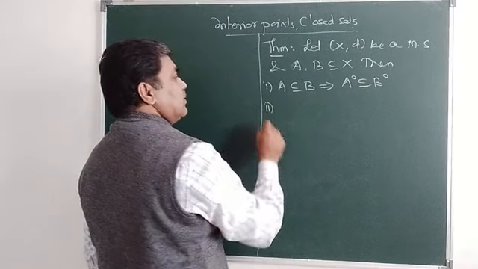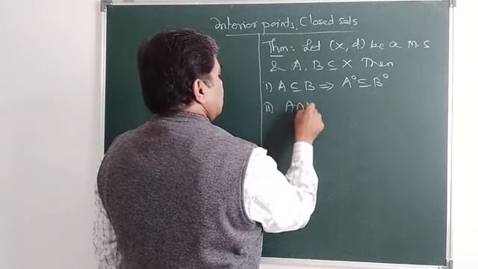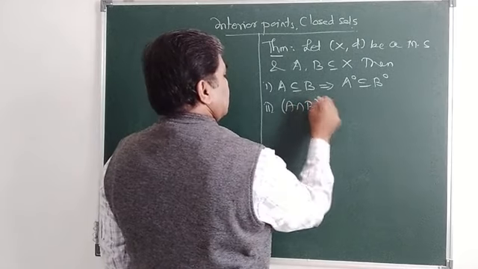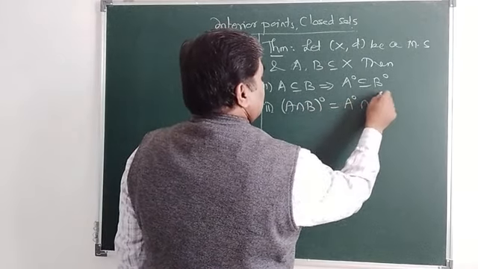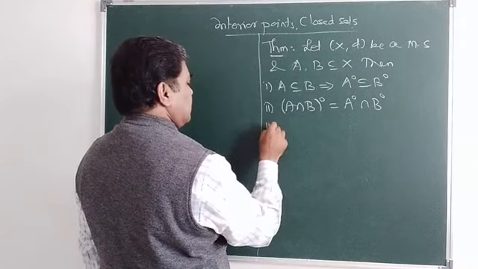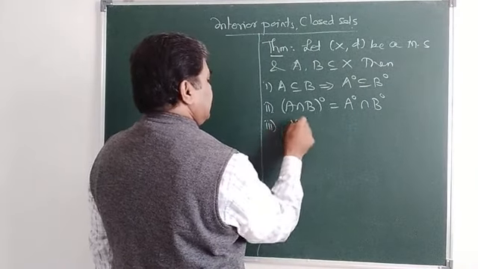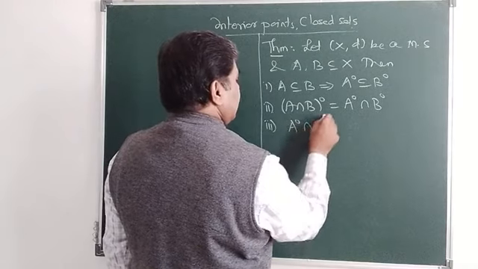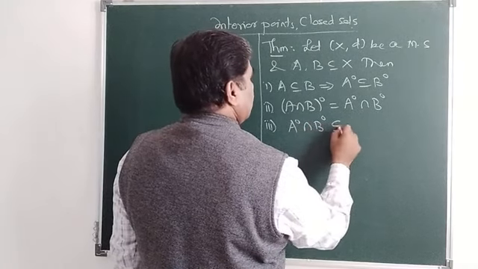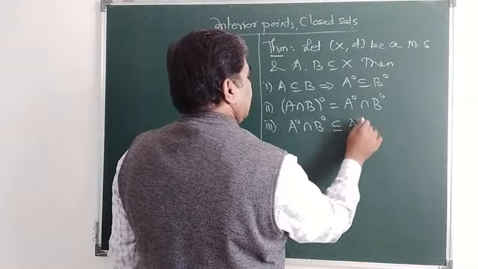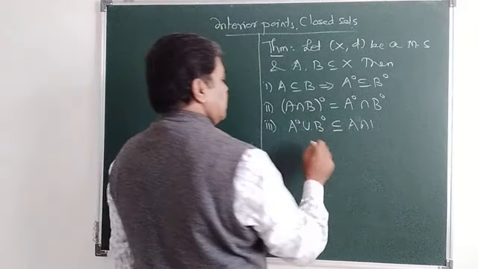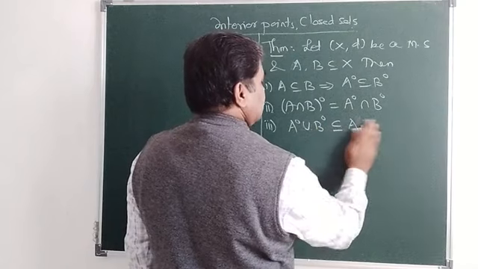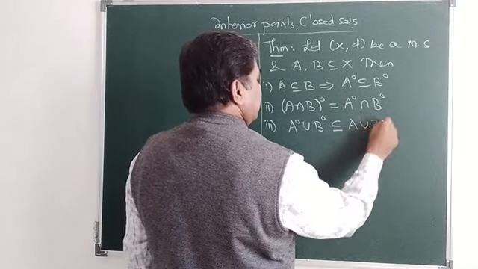Second, (A intersection B) interior is equal to A interior intersection B interior. Third, A interior union B interior is a subset of (A union B) interior.